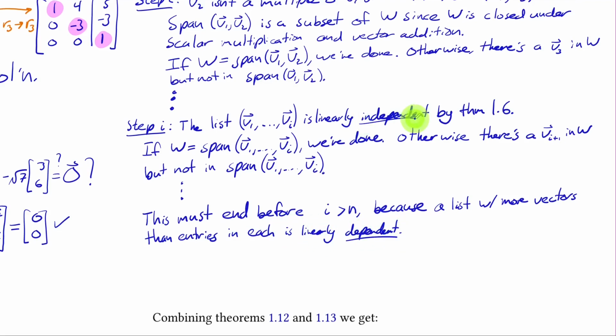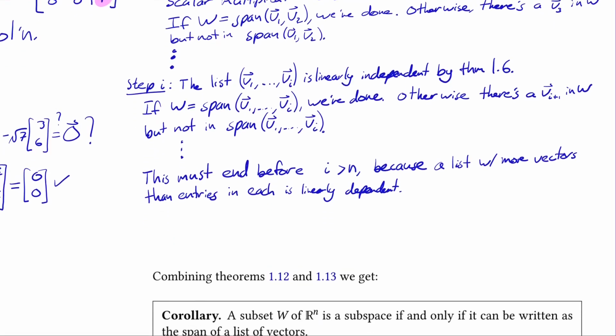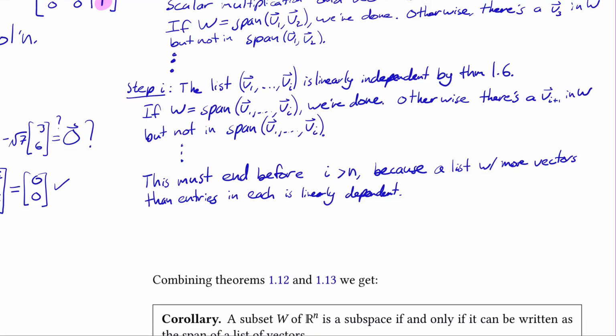But we know at every point the list is linearly independent. So we can't get to a point where we have more than n linearly independent vectors. So that means when this ends, you must have a point where the vectors span W.